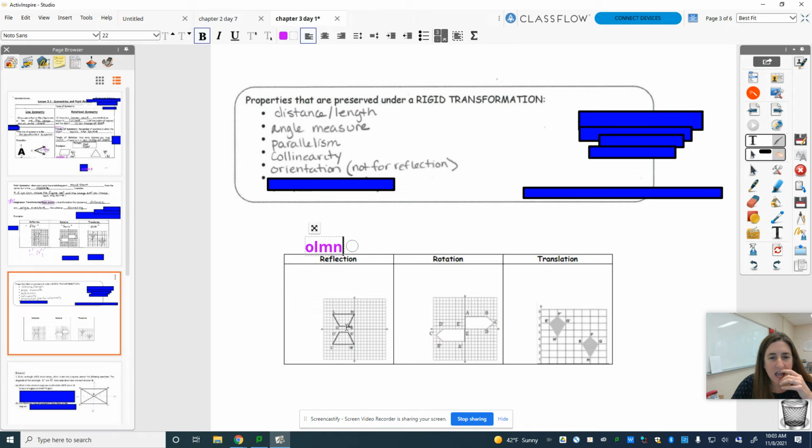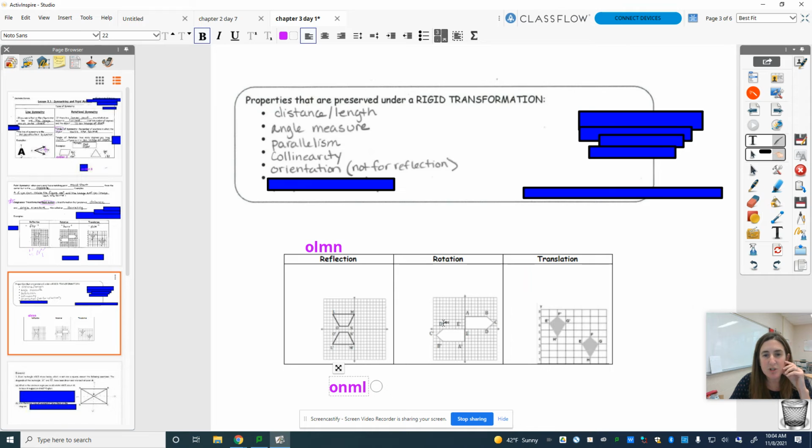But now say I went down here to O on the bottom. Do you see now how it goes? If I start at O and go clockwise, it goes O, N, M, L. See how the order of the letters is different? That means the orientation has changed.